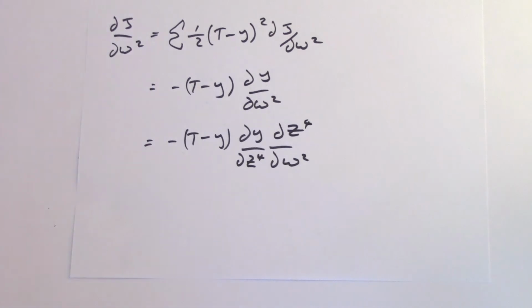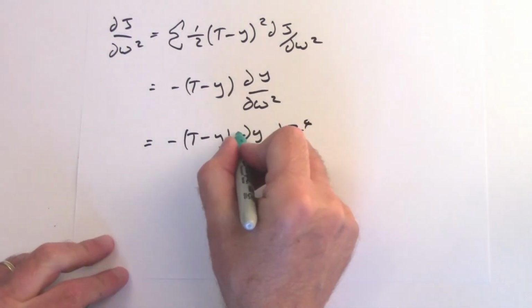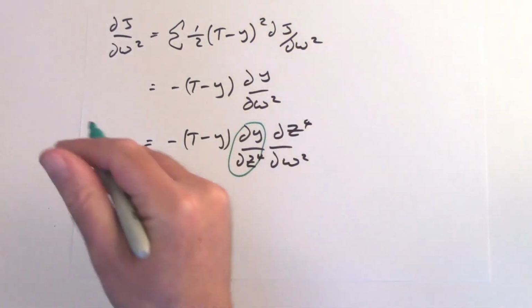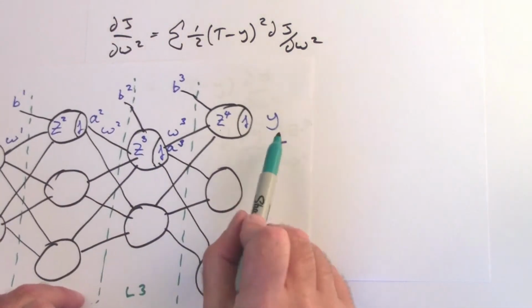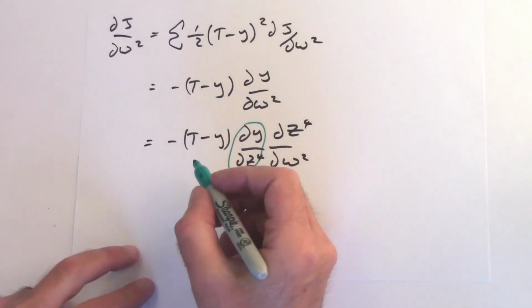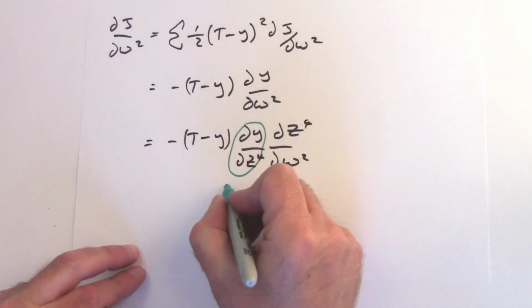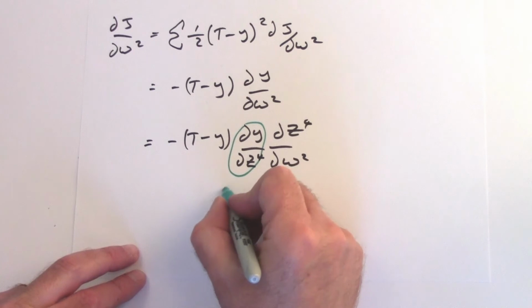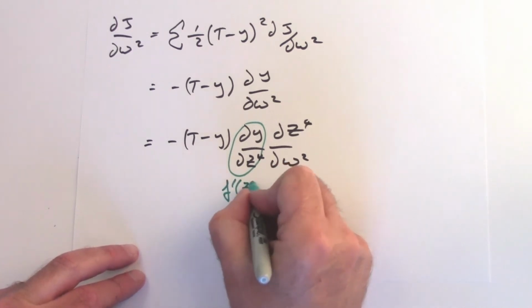As we saw last time, y is just the activation function of the dependent variable z4, so we need to differentiate it, and we denoted that as this.